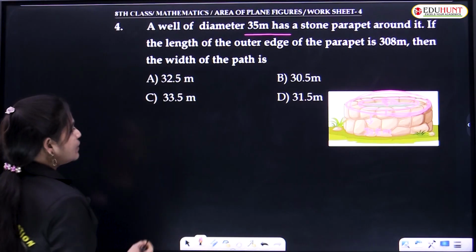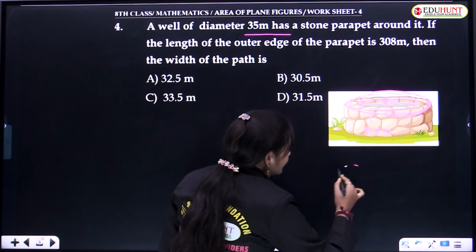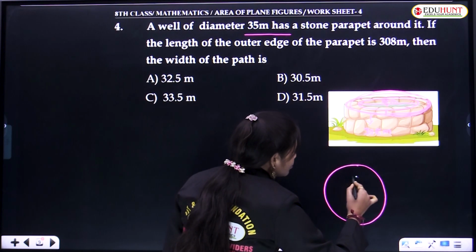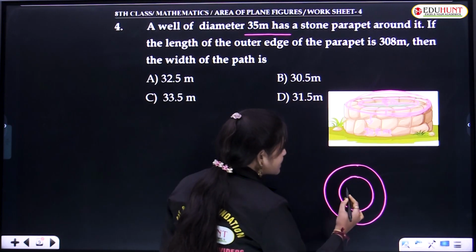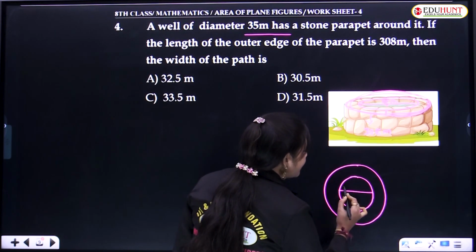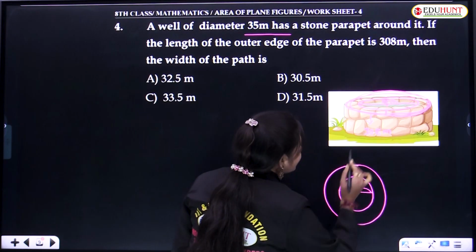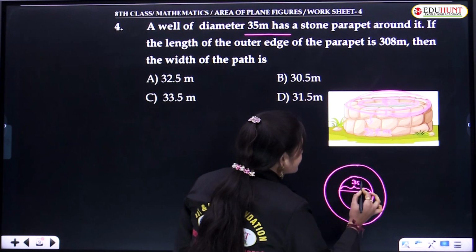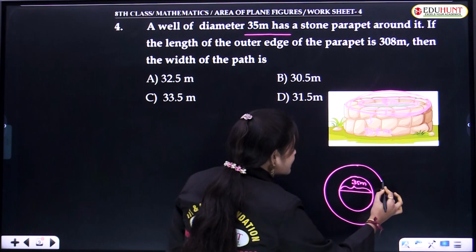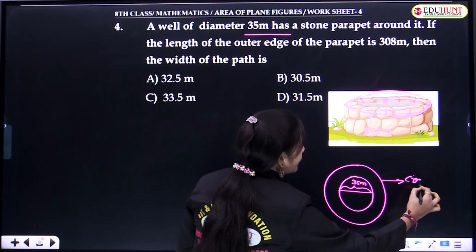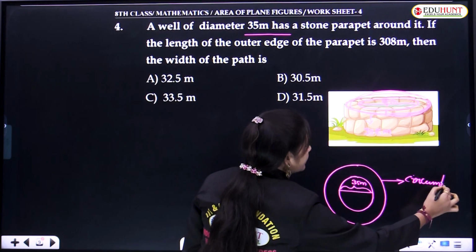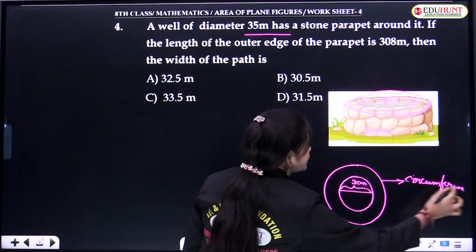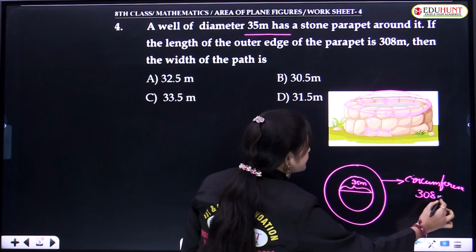Now here what they have given is just like concentric circles, which means 2 concentric circles. Here they have given the diameter as 35 meters, and the circumference as 308 meters.